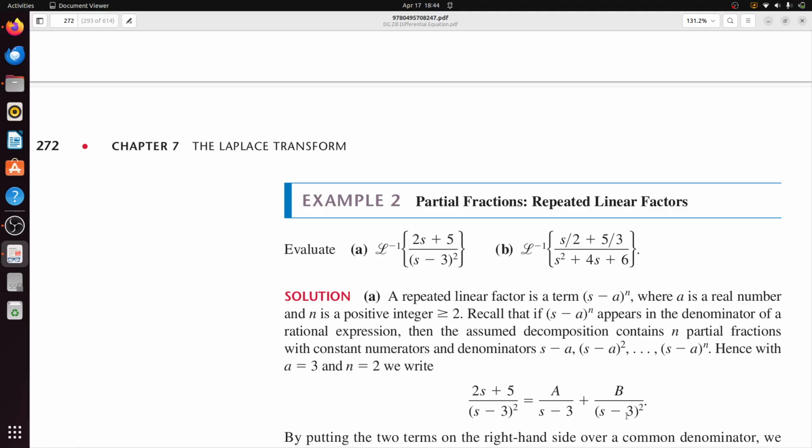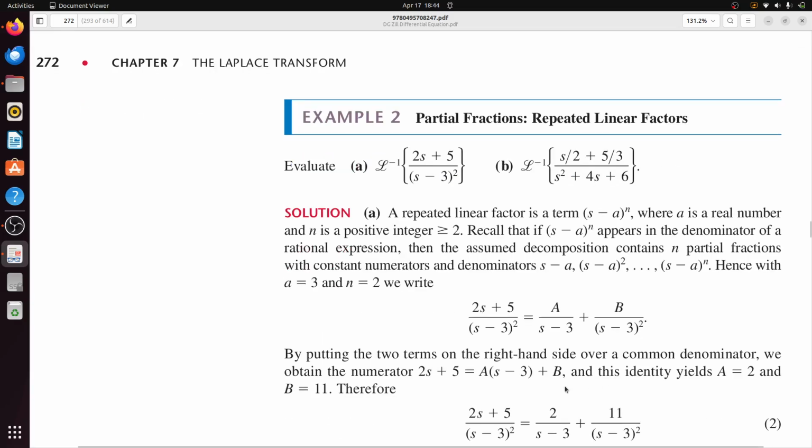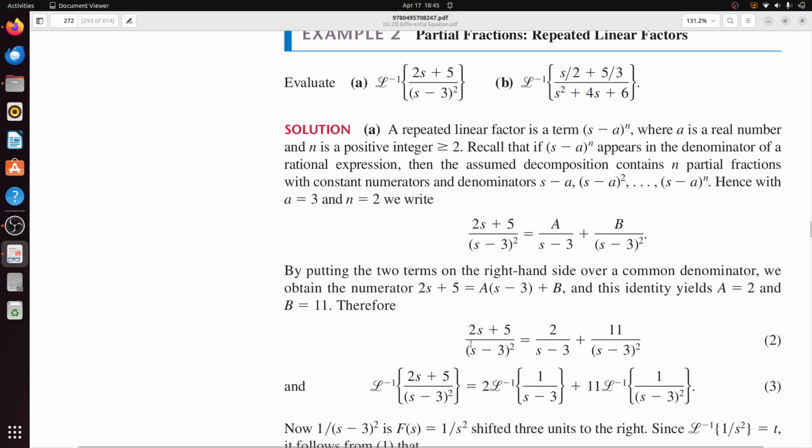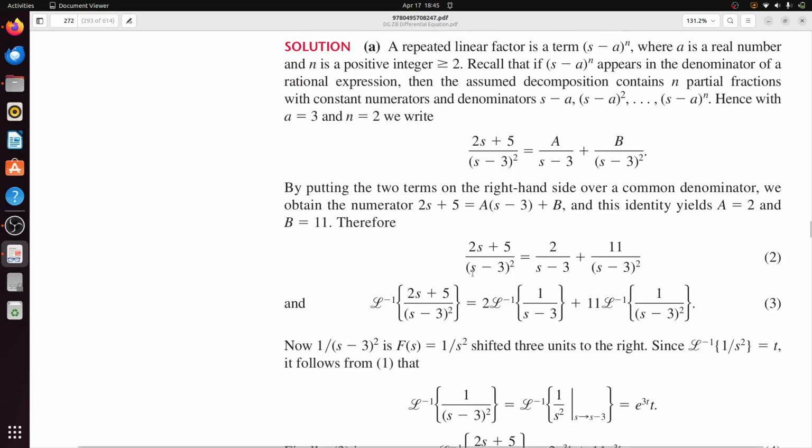If you multiply with (s minus 3) whole square and put the two terms on the right hand side over a common denominator, you obtain 2s plus 5 equals a into (s minus 3) plus b, and this identity yields a equal to 2 and b equal to 11. Therefore (2s plus 5) by (s minus 3) whole square equals 2 by (s minus 3) plus 11 by (s minus 3) whole square.